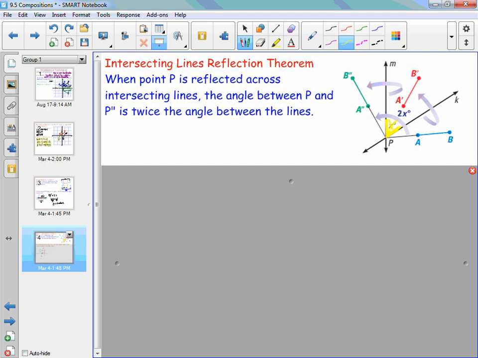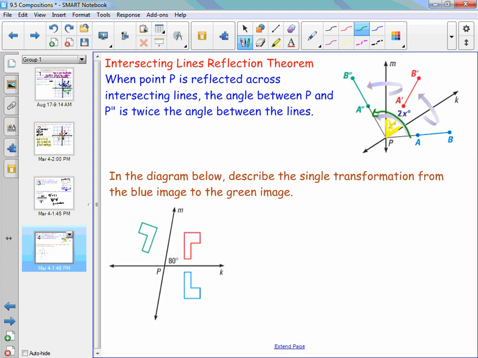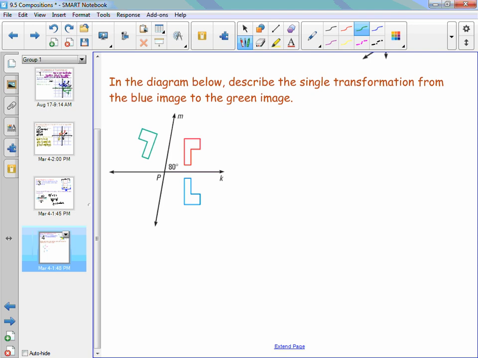The angle from the original segment or original triangle or whatever you have to the end will be twice x. So same type of problem as with the double reflection, or reflecting across parallel lines. When you have reflecting across intersecting lines, we end up having a rotation.